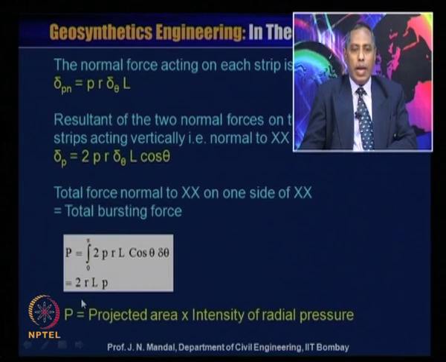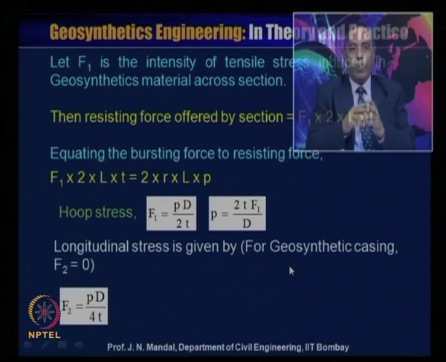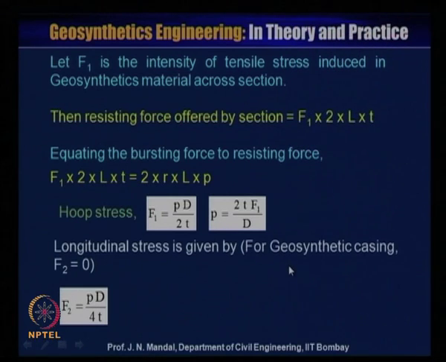So you can have P equal to 2 into R into L into p, where 2RL is the projected area and p is the intensity of radial pressure. Let F1 be the intensity of tensile stress induced in the geosynthetic material across the section.